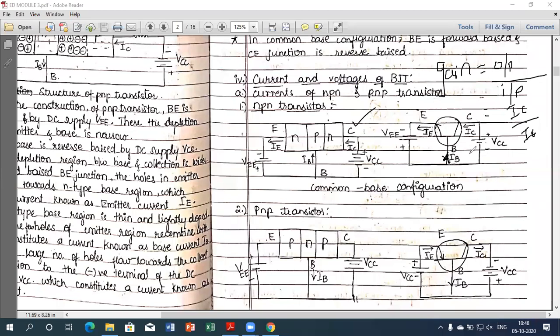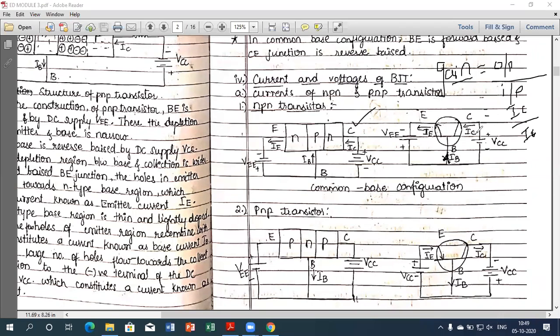The same thing is also shown in the symbol. So VEE is the voltage applied between the emitter and base, and VCC is applied between the collector and the base. So from this, base is common between the input and output. So using the gain formula, we can write output by input.